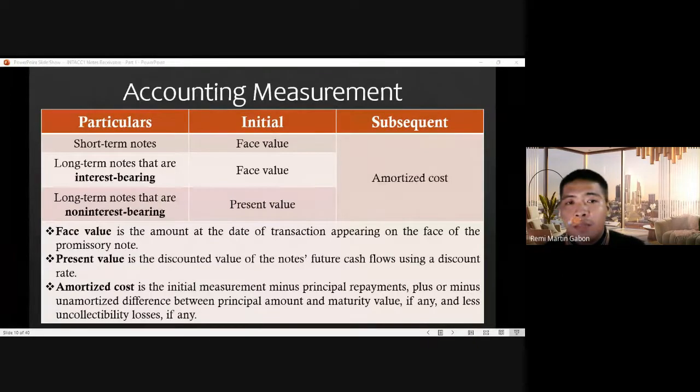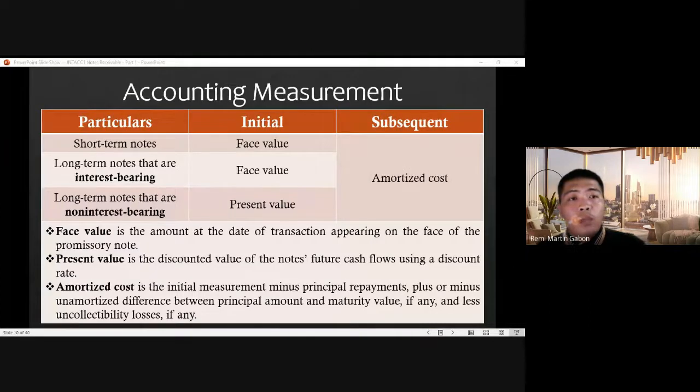So when we say face value, it is the amount that appears on the face of the promissory note. Guys, don't be confused with the term I'm using, face of the promissory note. When I say face of the promissory note, I am referring to the front portion that has the writings of the promissory note. Just like what I have presented earlier, sample of promissory note.